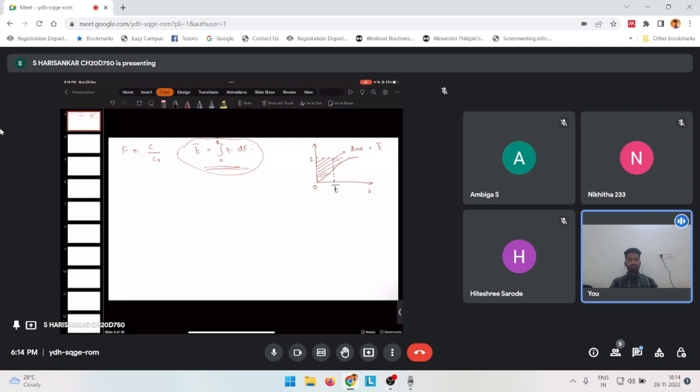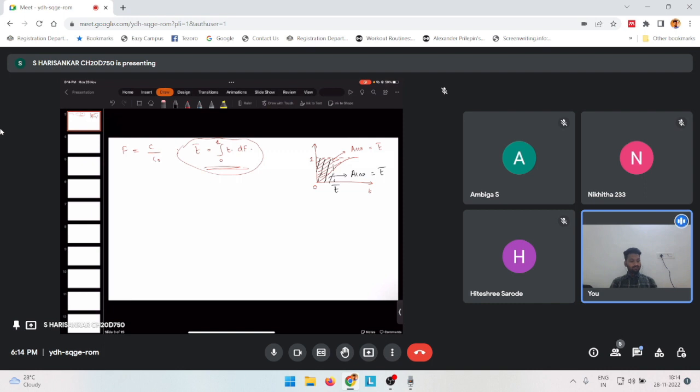Instead of finding this area colored in red, which is basically your mean residence time, we can also find this area, and this area will also be the mean residence time, right?